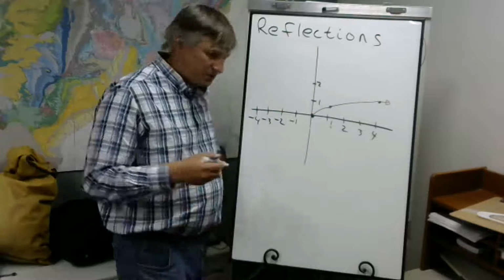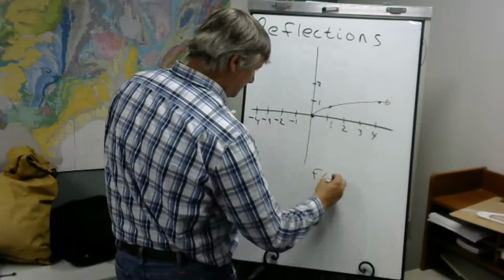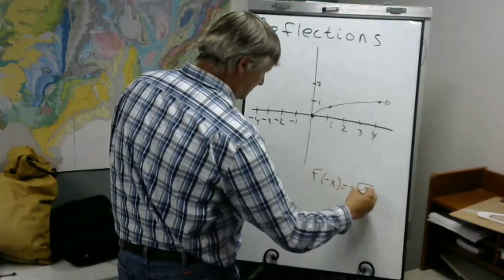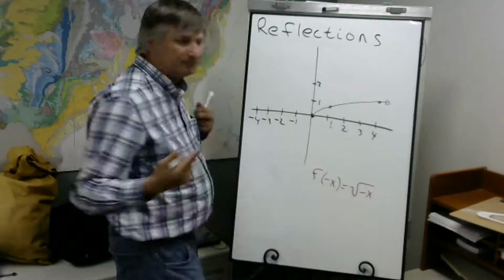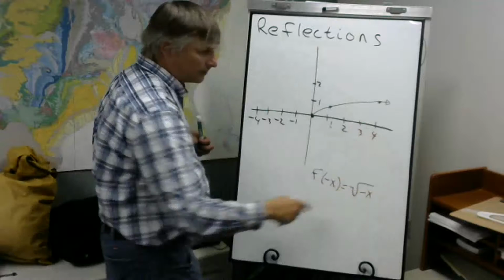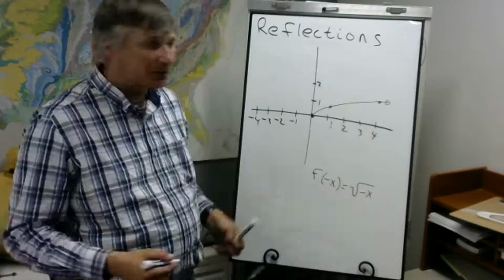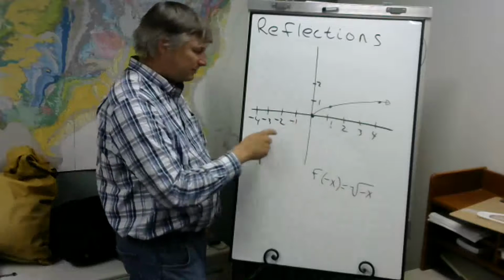If you have a 1 here, you get the square root of -1, not going to work. You have a 4 here, square root of -4, again, square root of a negative number, doesn't work. But negative of -1 becomes positive.